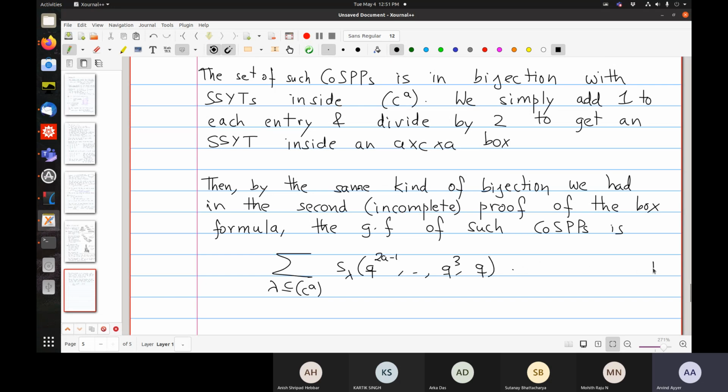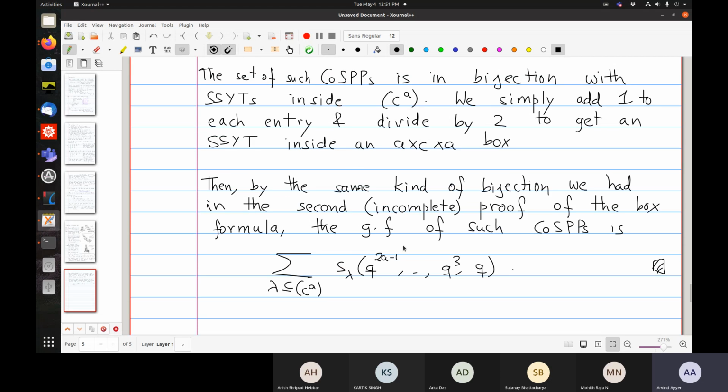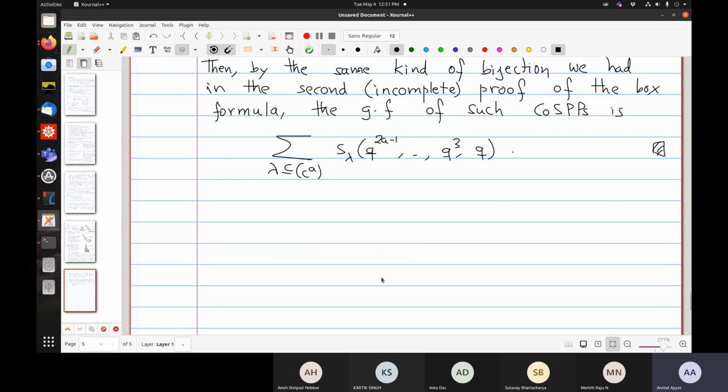Okay, that proves it. So basically, you take partitions inside C by A, and you want odd heights, so you just put consecutive odd heights, and that's basically going to be the answer. Any questions?